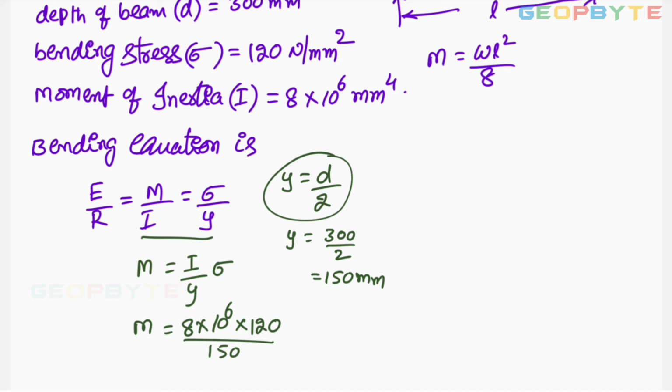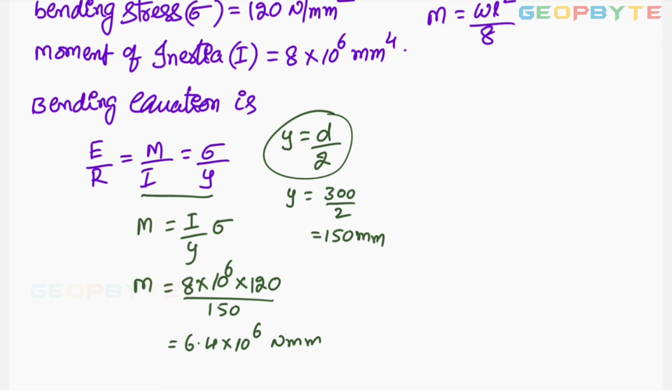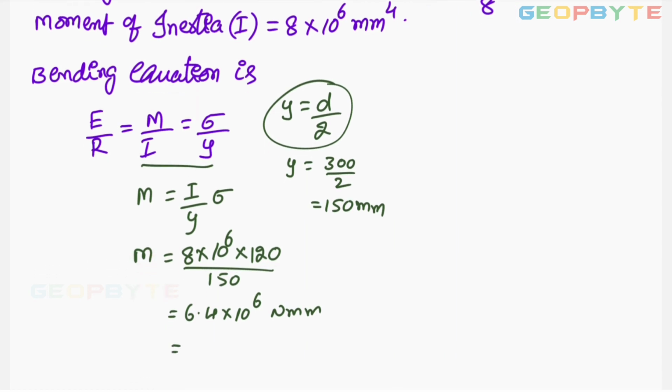You simplify it for getting M equal to 6.4 into 10 power 6 Newton mm, not 10 power 3. For getting it in Newton meter, dividing with 1000, 6.4 into 10 power 3 Newton meter. That is the bending moment.